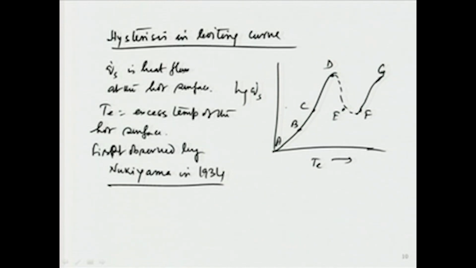It is supposed to go in this route, okay, but once it reaches here, it goes by this route, and then while coming back, it comes back in this route. Okay. So this is the hysteresis. So this is called the hysteresis phenomenon.